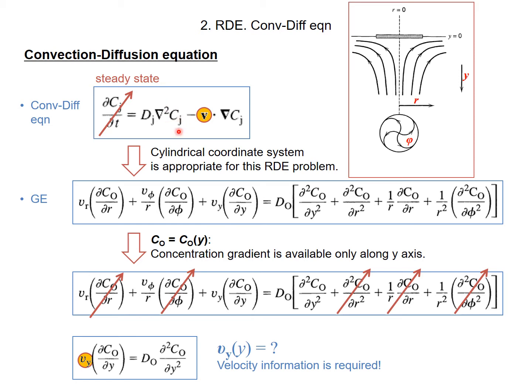As you expected, the cylindrical coordinate system is appropriate for this RDE problem. This is the top of the electrode, and then the y-axis could be set in this direction, and the r direction here, I mean the radial direction, and also on the surface of the electrode we are thinking about the angle, phi.